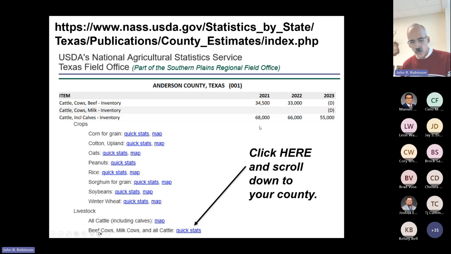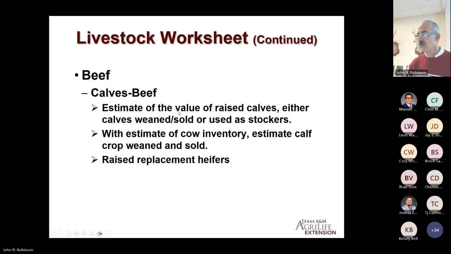It's basically a January 1 inventory number for beef cows, milk cows, and cows and calves in your county. And if you've got that data, then you can sort of back into the number of calves produced if you can't otherwise get estimates from local experts.